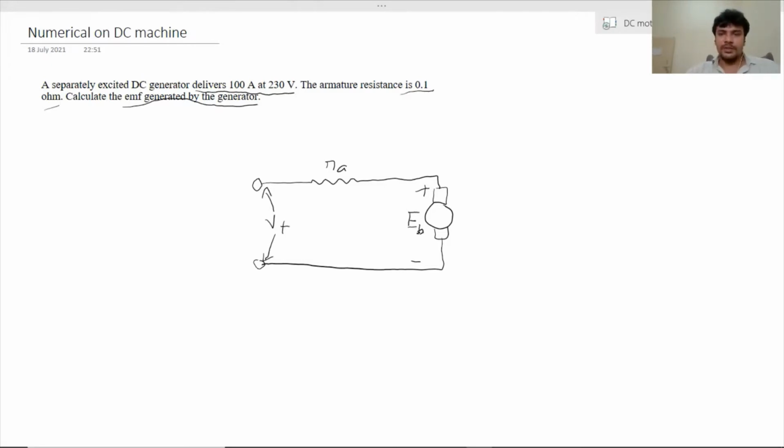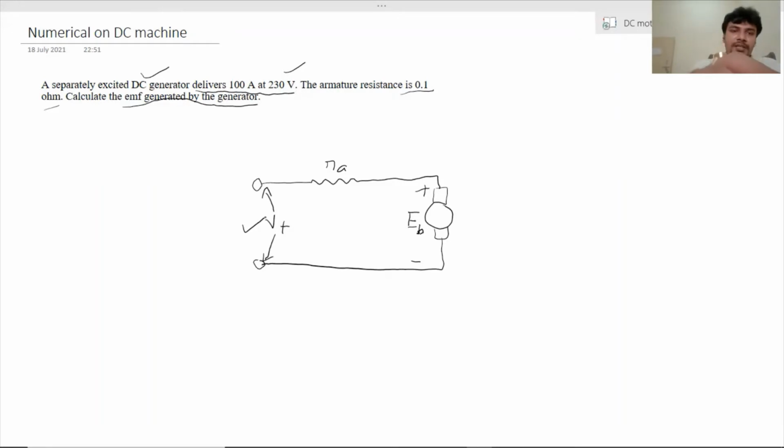The thing to learn here is that always and always the voltage which is given for any generator or any DC machine is the terminal voltage. It is not the actual voltage that the generator generates. It is the final voltage that the generator delivers. So this 230 volt is VT, the terminal voltage, not EB. EB is the EMF generated by the generator.